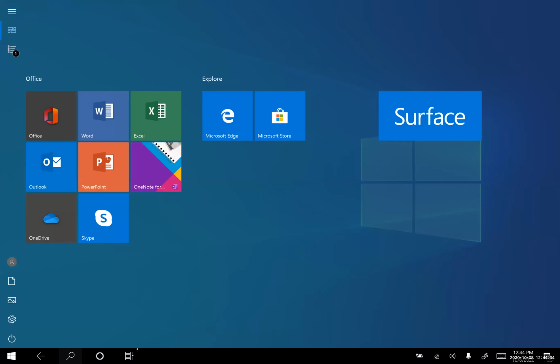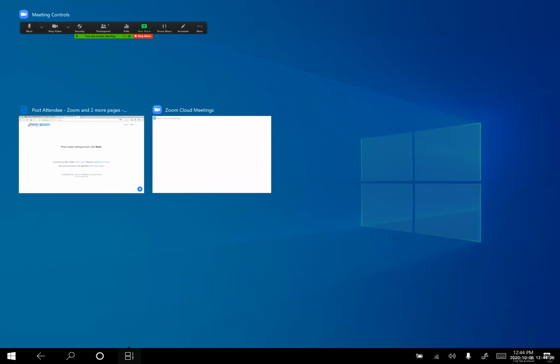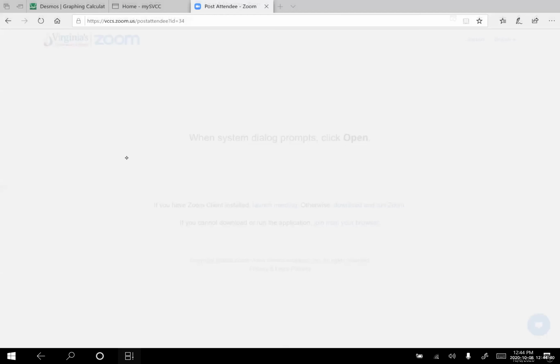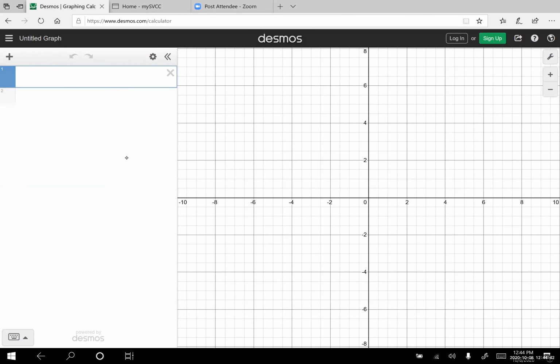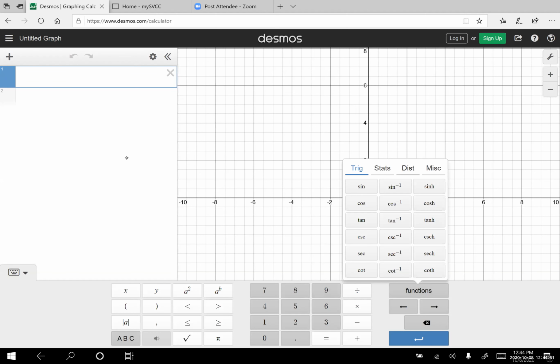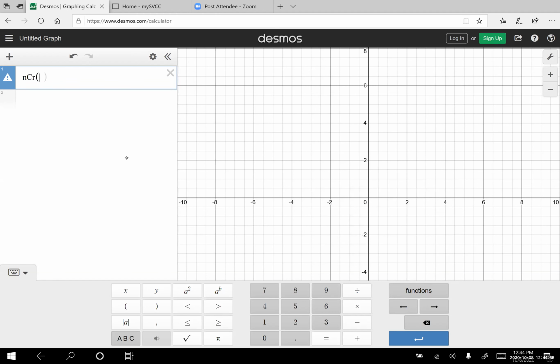Let's see if I got my calculator open here. There she is. All right. This is a wonderful little online calculator. It's got some stat functions, and one of them is the combination. And we have 10, comma 7. So that's how it likes to see that one.